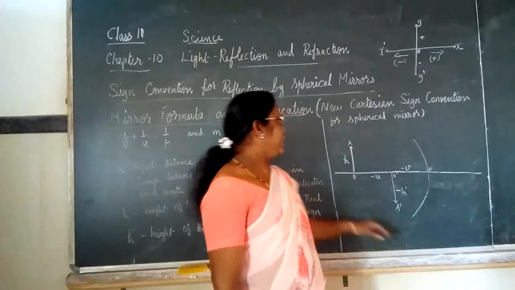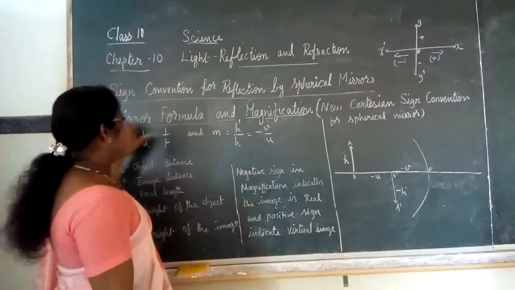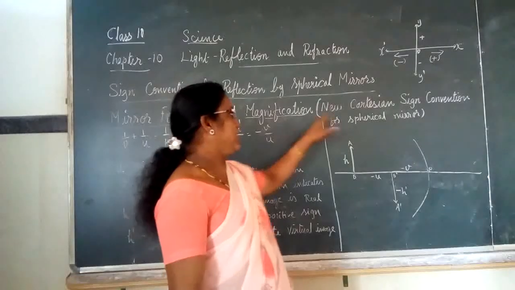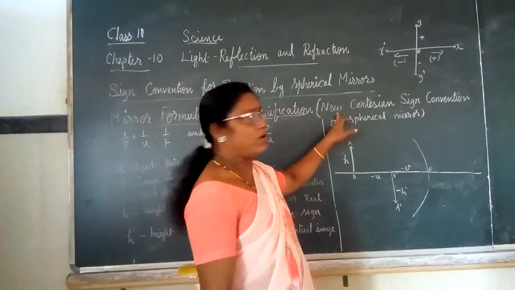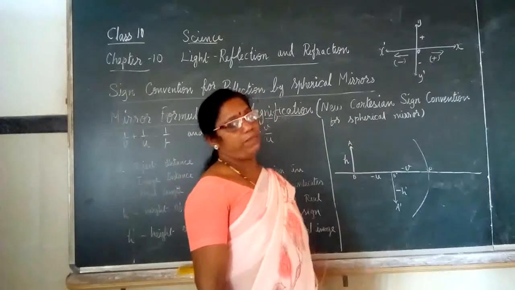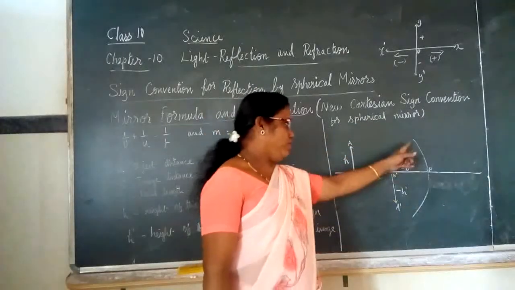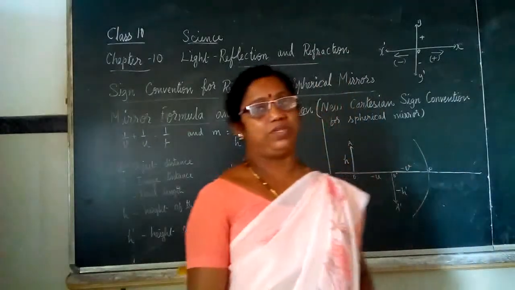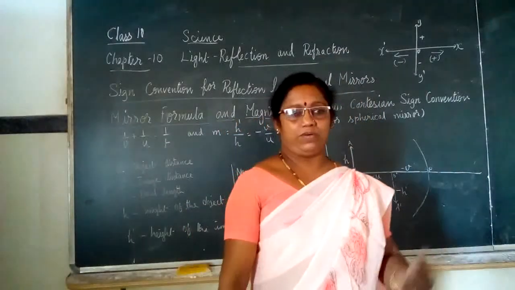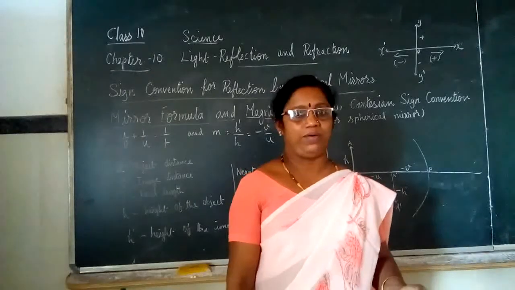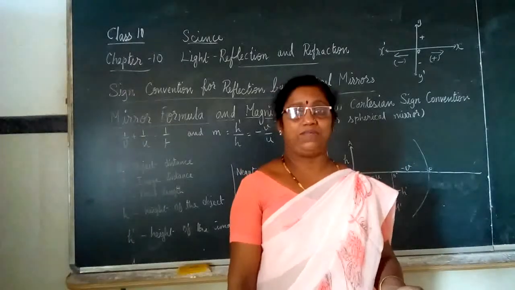Hence, it is said that the mirror formula and magnification are done according to the new Cartesian sign convention for spherical mirrors. You have seen in the previous videos the formation of images in convex and concave mirrors, the spherical mirrors.